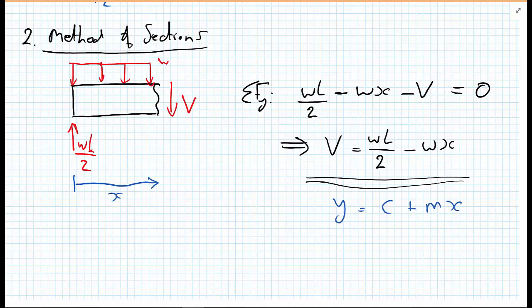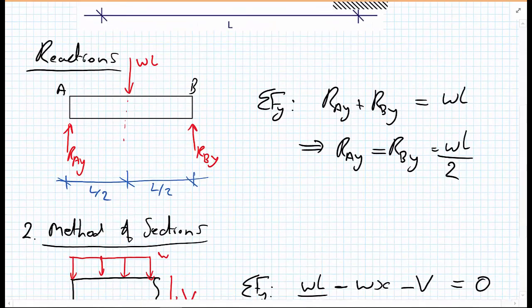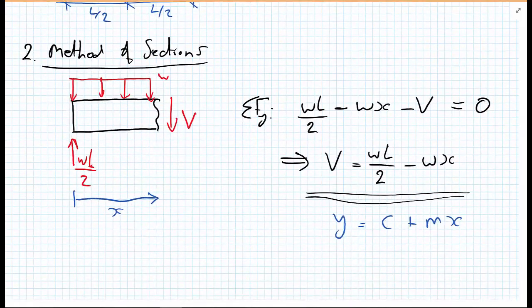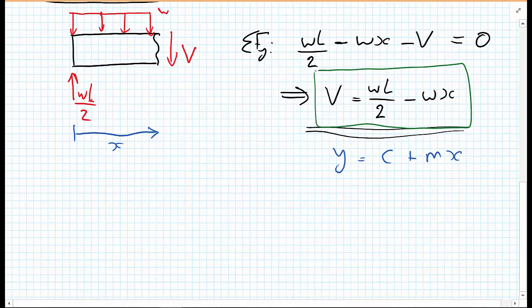The second thing to note, going back to the original drawing of the system, is that this loading doesn't have any abrupt changes. As a result, this function is valid for the entire section of the beam.